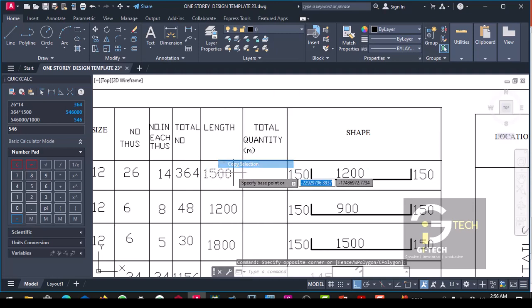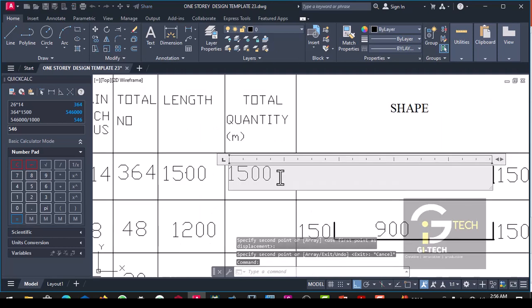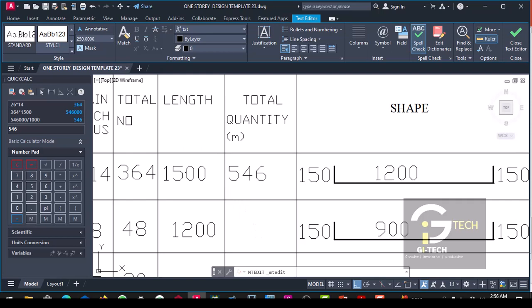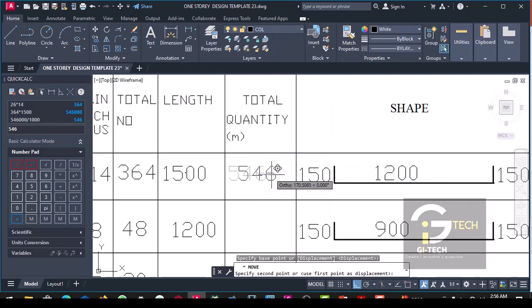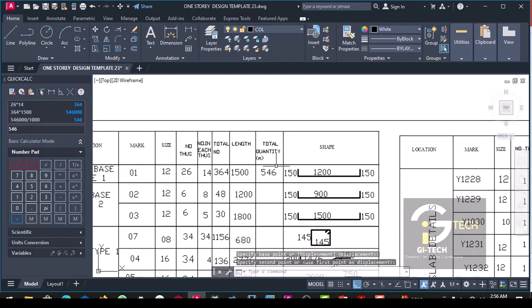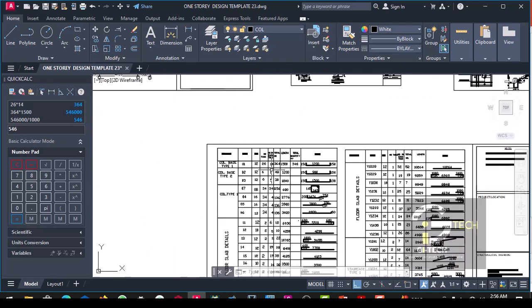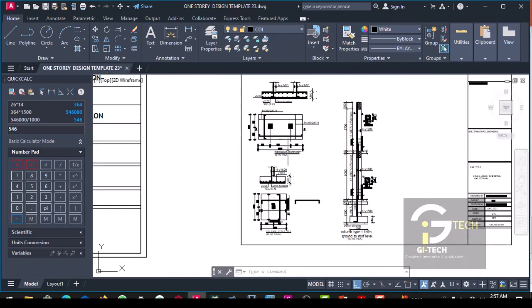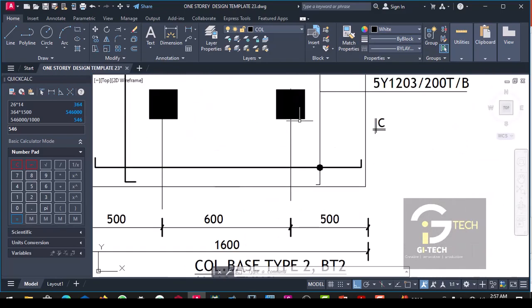We have to specify that it is in meter so that whoever will interpret the design will know, and also because of the space. So this is in meter. So we are done with column base type 1. Then we move to column base type 2.